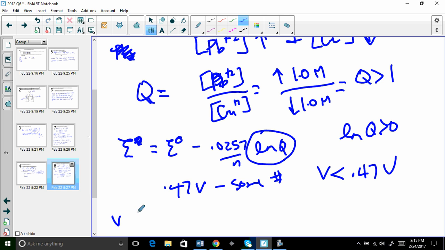So V is less than 0.47 volts. And to justify my choice, I say all that: as the battery runs, that increases, that decreases. Q is greater than 1. ln of Q is positive. 0.47 minus a positive number is going to be a number less than 0.47. So justify it like that.